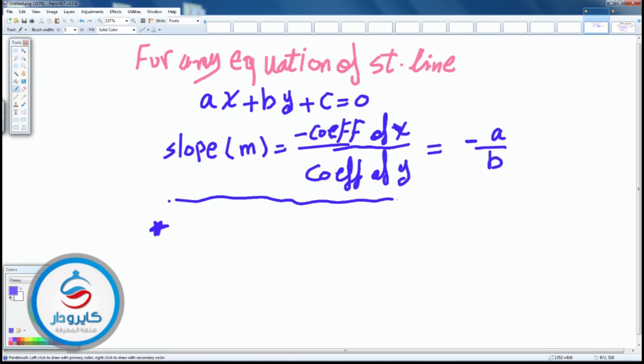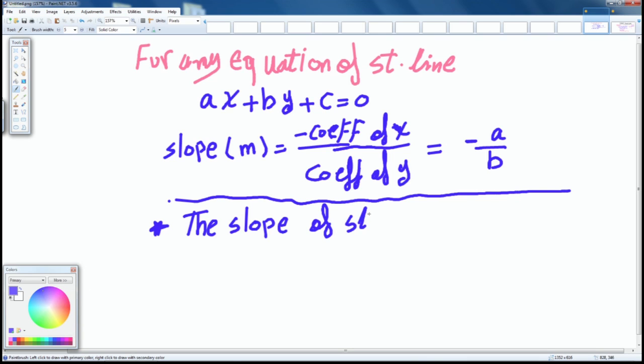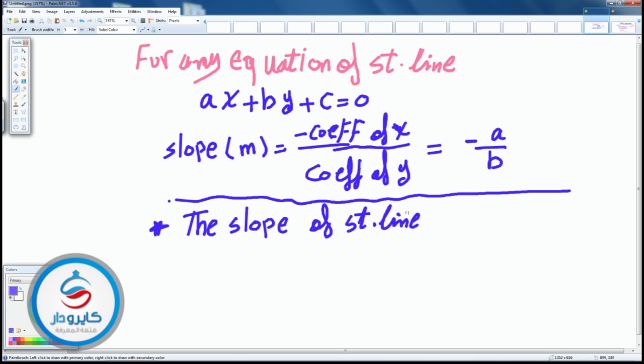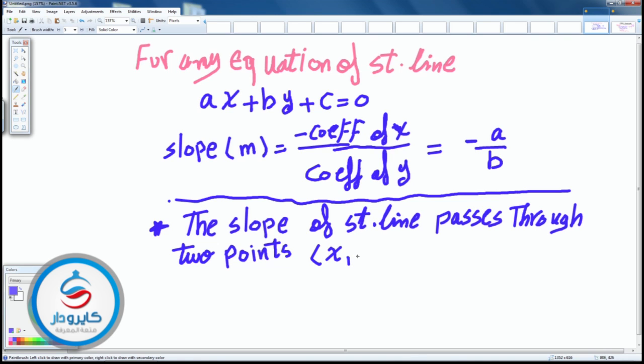Also, we have the slope of a straight line that passes through two points, x1 and y1, this is the first point, and the second is x2 and y2.